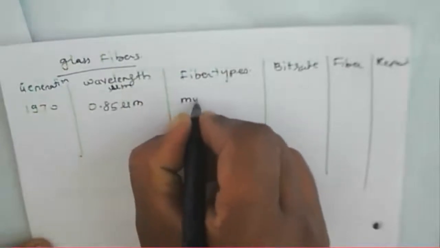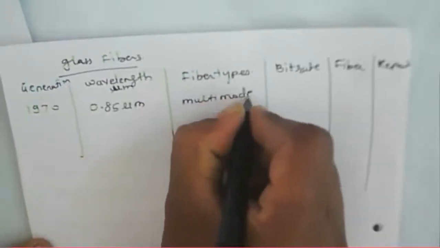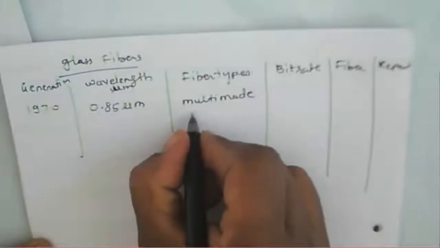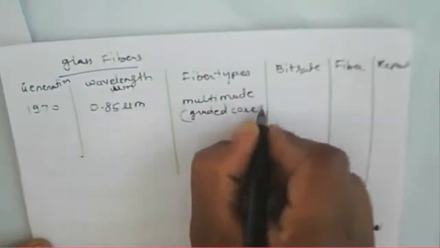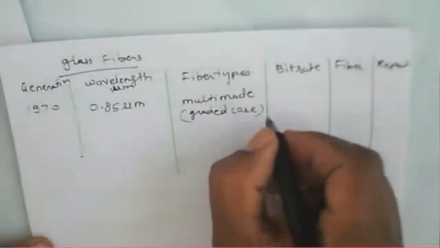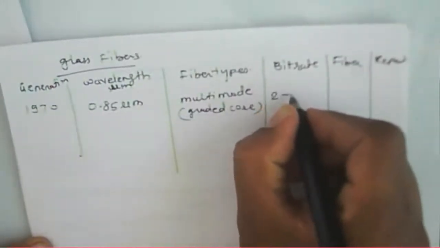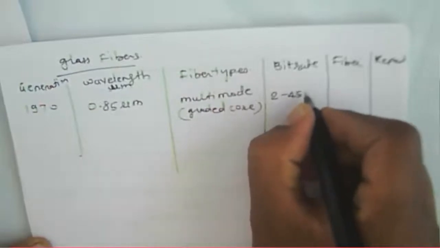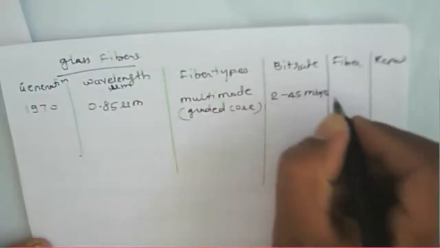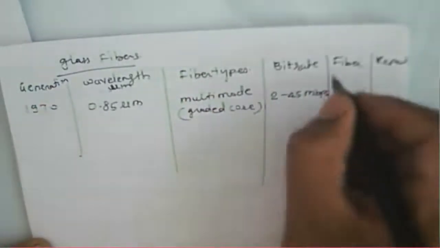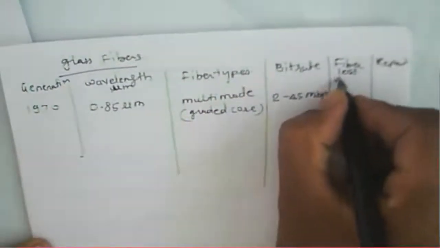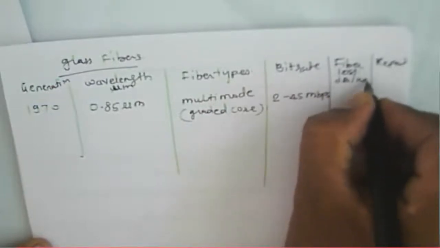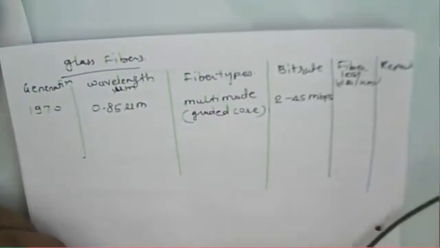At that time, people used a multi-mode fiber, or graded core, and the bandwidth was about 2 to 45 Mbps. And if you consider the fiber loss in dB per kilometer, everything in terms of length.